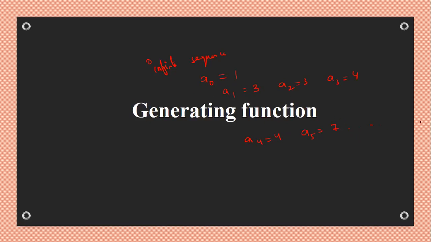Then we write it in the form of generating functions so that we can perform operations such as addition, multiplication, even integration and differentiation. This makes generating functions a powerful technique to solve such infinite sequences.